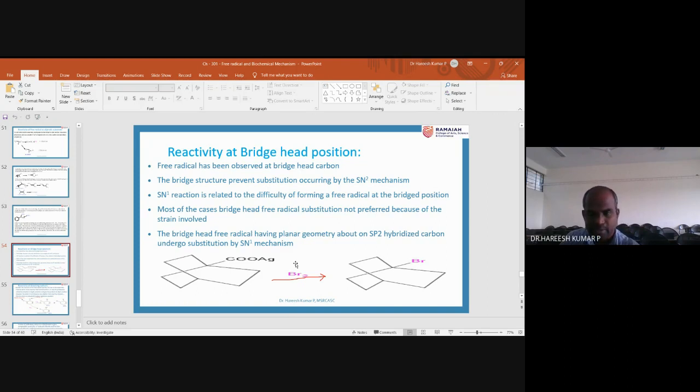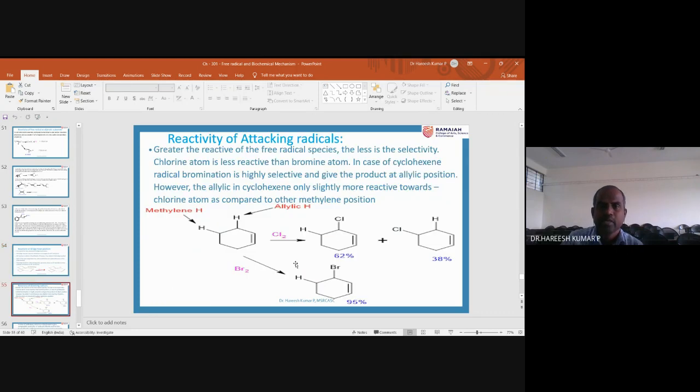So that I am explaining in the next slide. So look here, I am taking allylic proton. This proton is called allylic proton, and this proton is called methylic proton.